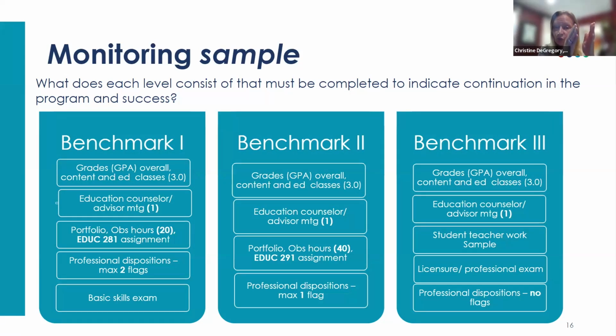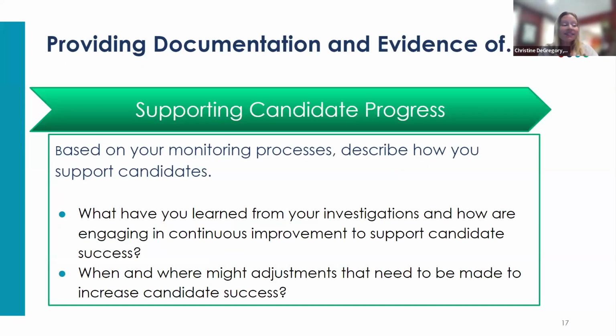And so that's what you're looking at. And you can say, okay, are candidates being successful here by the time we get to end of benchmark 1? Yes. But then something happens in benchmark 2, right? Woohoo! Like all of a sudden they've fallen off, they're straight and narrow and their grades have just gone down. Why? What's going on, right? That kind of thing. All right. So this is the fun part.